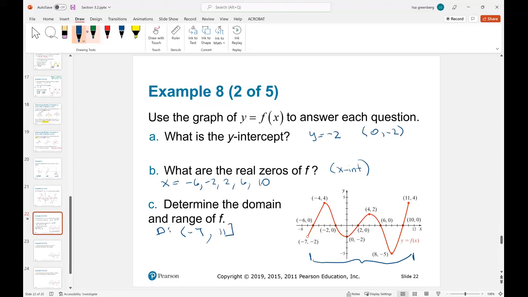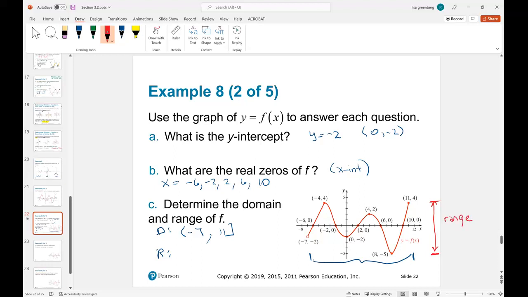So I include 11. My range, again, I think I'm gonna do this in a different color. So this is the smallest value of y, and it looks like 4 is the largest value. So between those two values, this is my range.